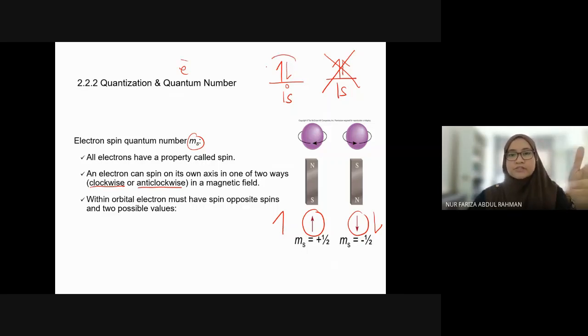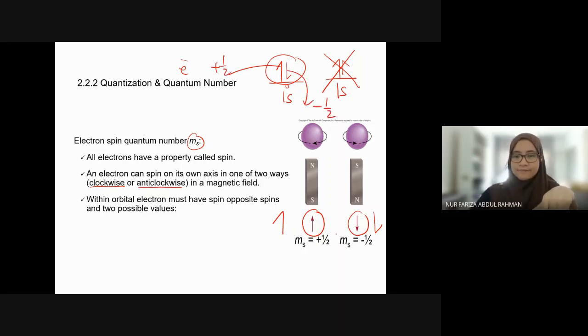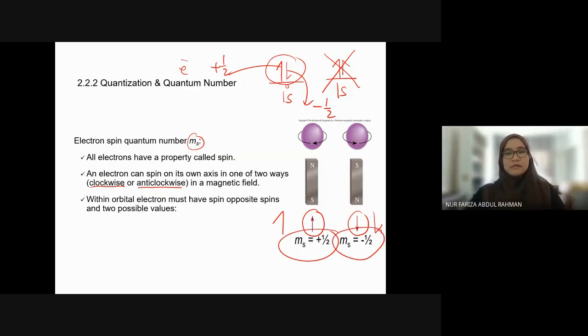So this is one of the ways to reduce repulsion. One should be spinning clockwise, the other anti-clockwise. We use an upward arrow for positive half, and downward is negative half. That's all. MS.